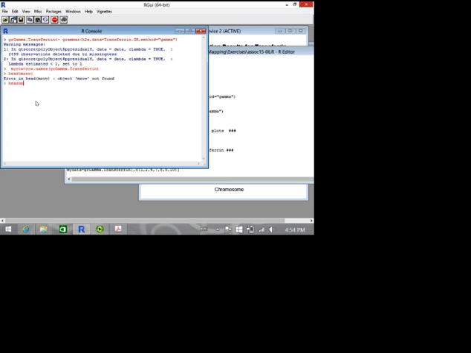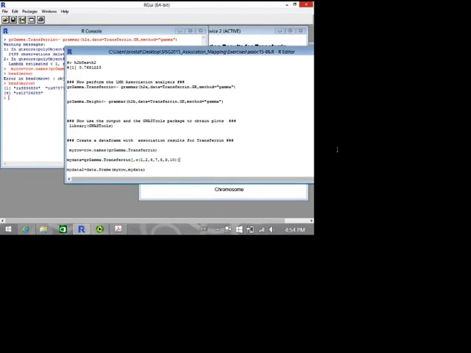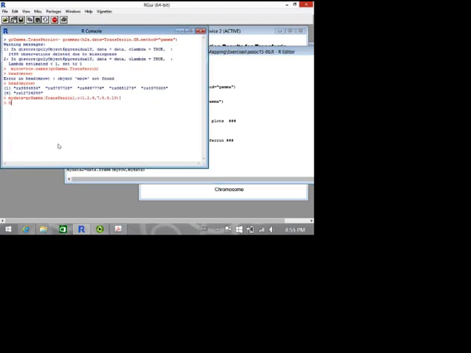These are the rows of the SNP names, and this is a way to pull them out. Let's just look at the first few with head, GR. Okay. So the results are as follows.